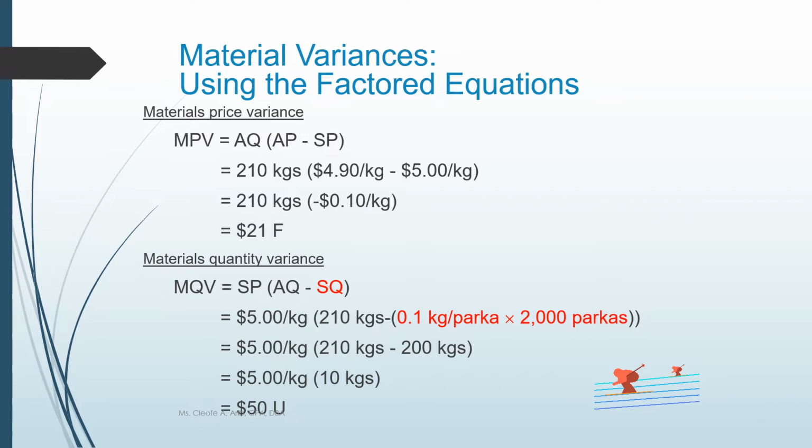For materials price variance, if you use the factored equations, all you have to do is multiply actual quantity with the difference between your actual price and your standard price. For MQV, all you have to do is multiply your standard price by the difference between your actual quantity and standard quantity.